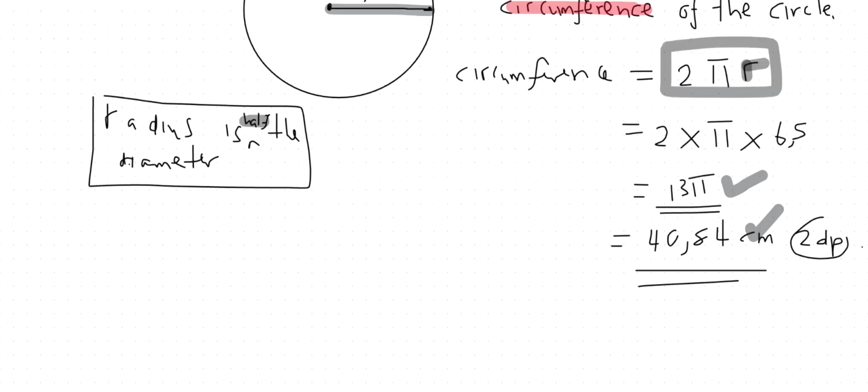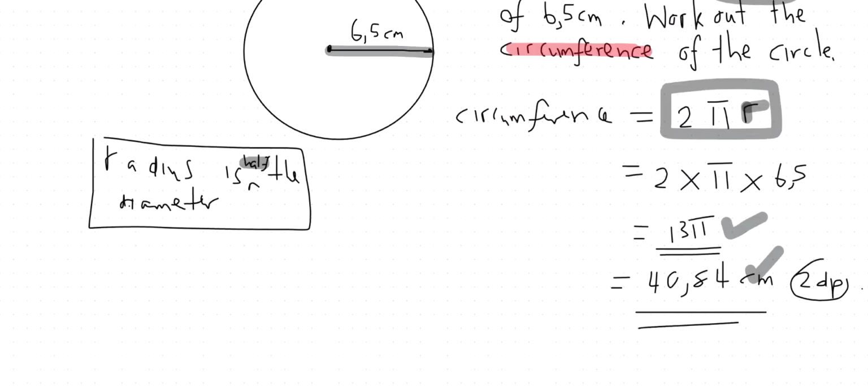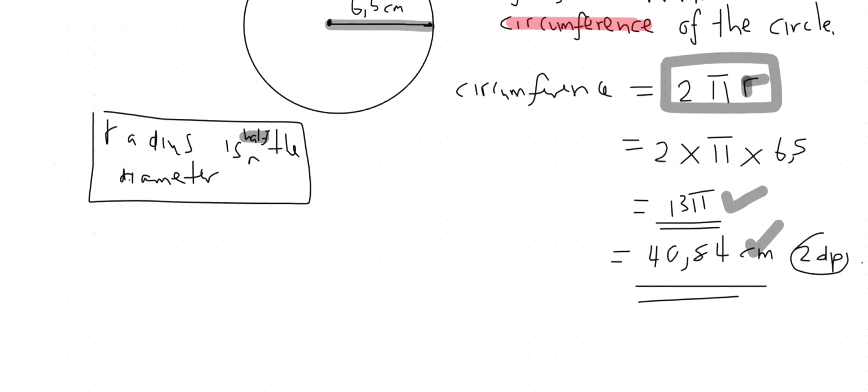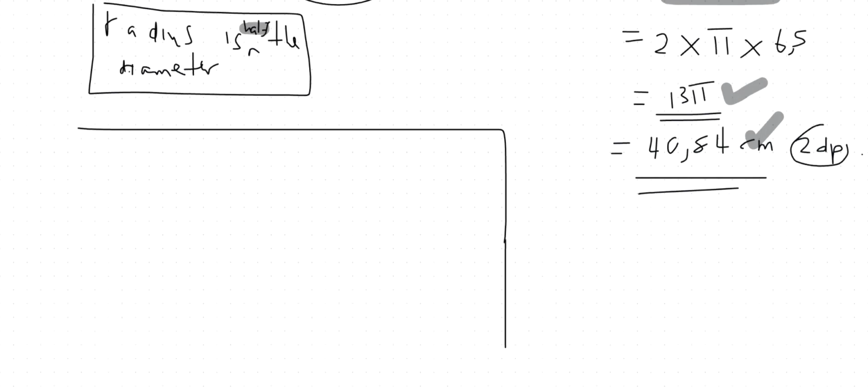Circumference is not area. I know a lot of students who get this confused. So I'm going to show you how to find the area of this circle when you are given the radius only.